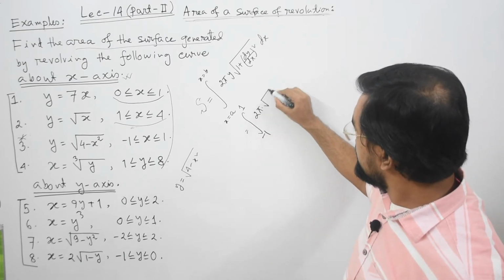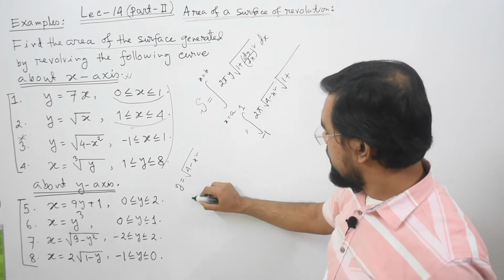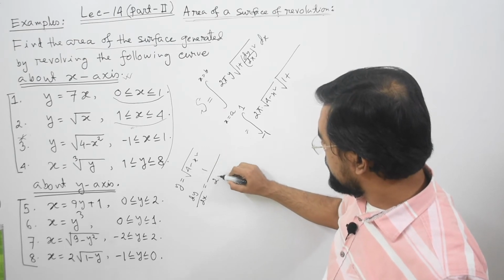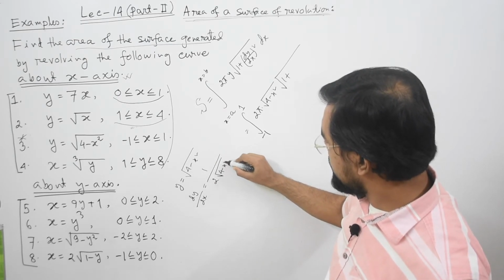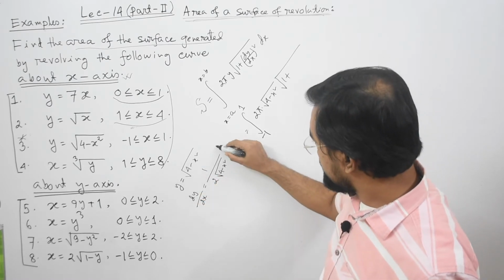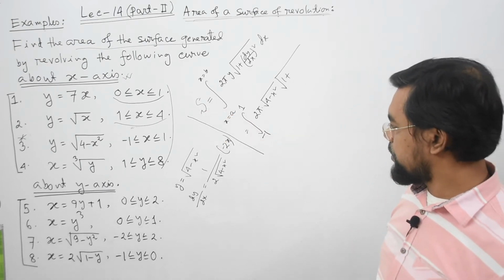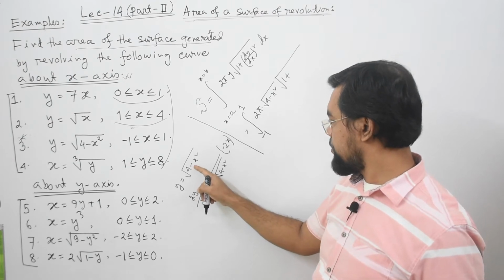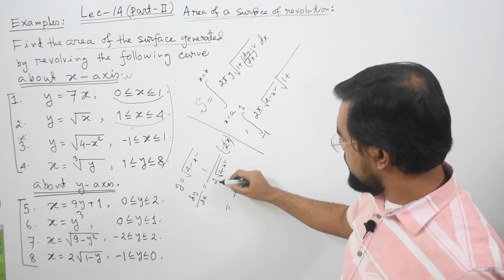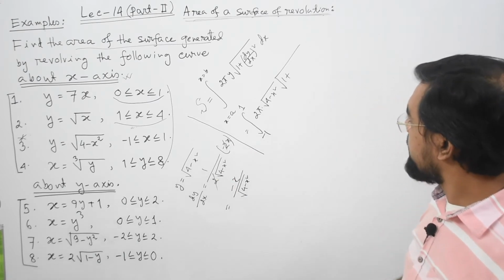Let me write y, which is root of 4 minus x squared, square root of 1 plus dy/dx. dy/dx will be 1 by 2 root 4 minus x squared, and we need to use the chain rule. The derivative of 4 minus x squared is minus 2x, which is equal to minus x divided by root 4 minus x squared, since you can cancel 2 and 2.